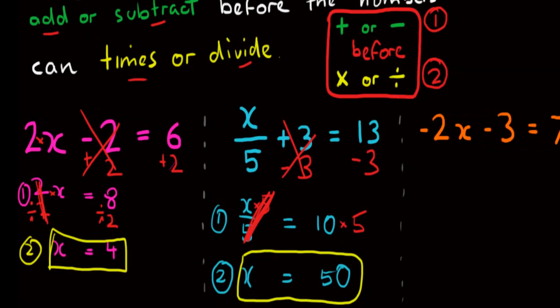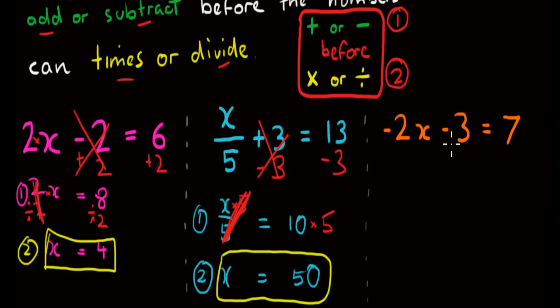Alright, so same with this one, we want to do plus and minus first, and then times divided by. So it looks like there's 2 minus signs here, but remember, there's actually a times between the minus 2 and the x, so we say it's minus 2 times x, minus 3 equals 7. So what we have to do first is deal with this minus 3, because that's not being timesed, it's just being taken away.